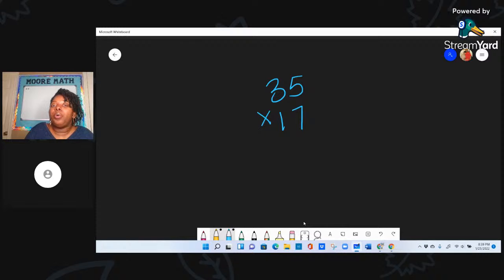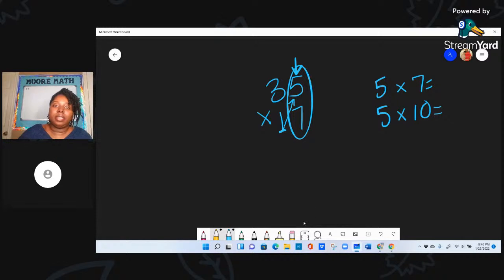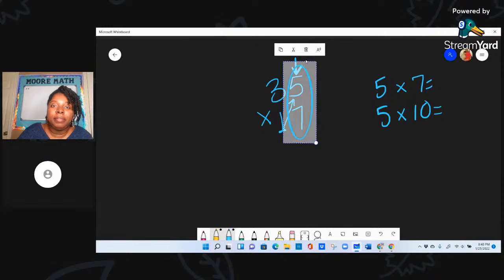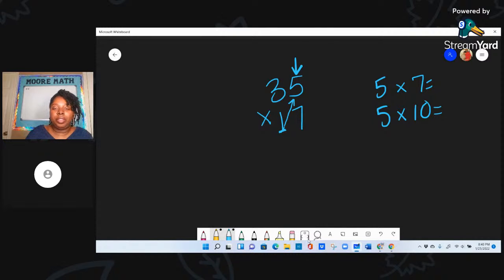First focus on this 5 right here. So it's going to be 5 times 7. And then this 1 is going to say, wait, I want to play with 5 too. But remember, the 1 is a 10. So you're going to do 5 times 10. And then after you finish with the 5, then you do the 30.